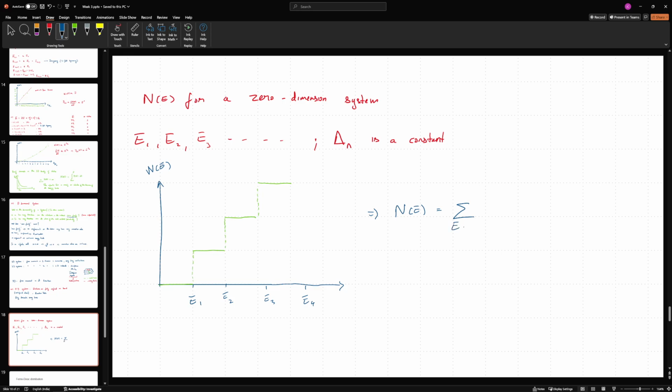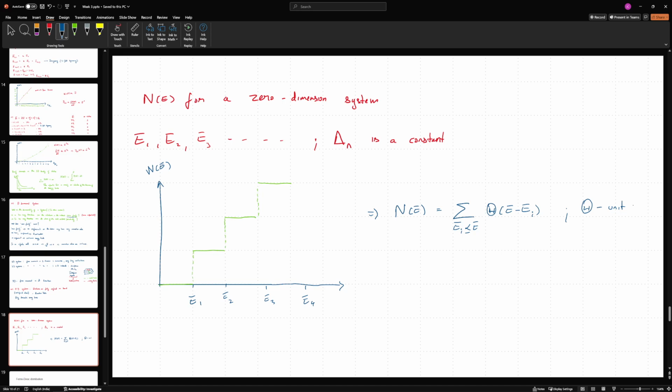The sum over EI less than or equal to E of theta of E minus EI, where this function theta is the unit step function.